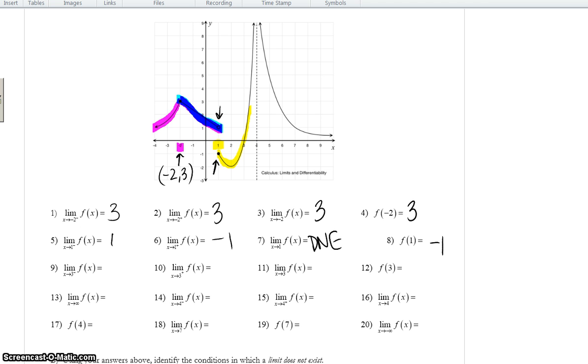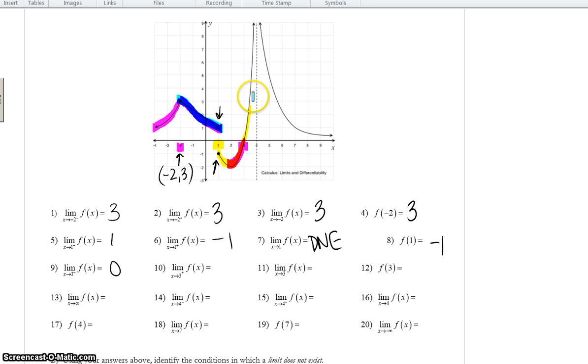Okay, let's look at our next set. The limit as x approaches 3 from the left. So let's find 3. Here's 3. So 3 from the left looks like it comes to 0.